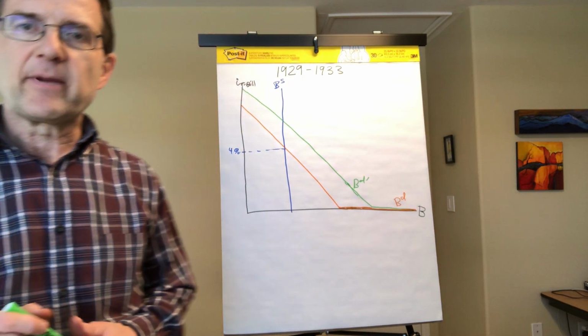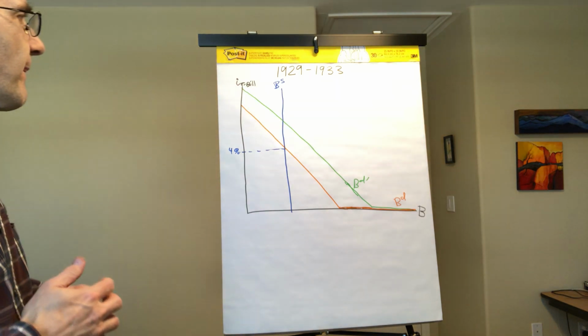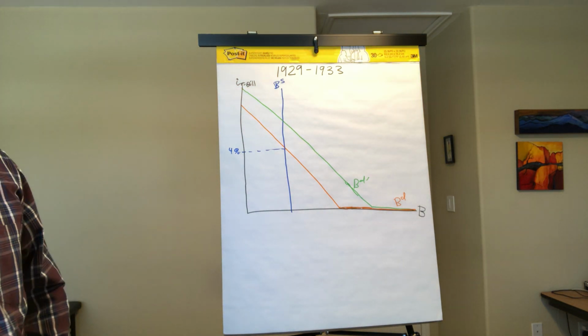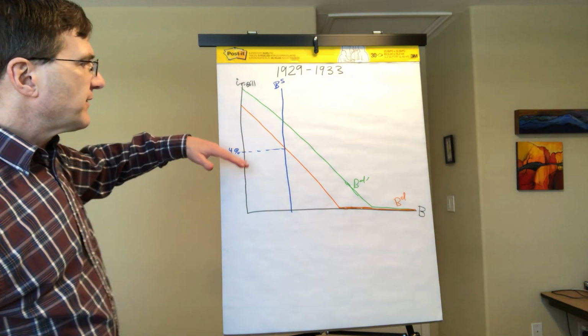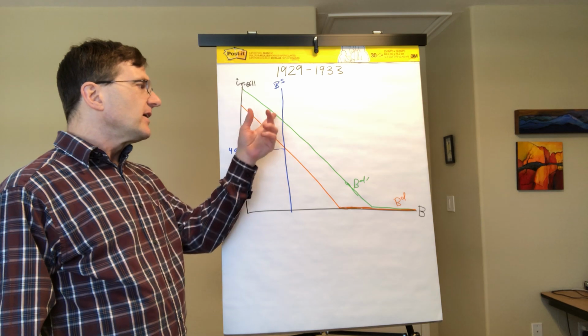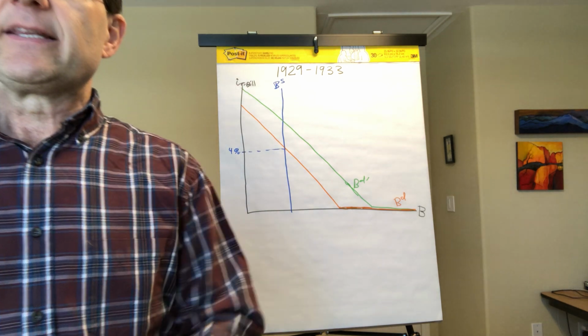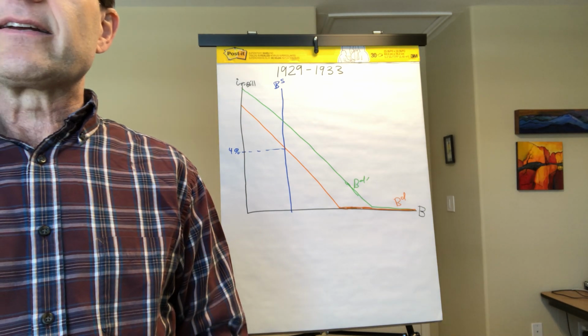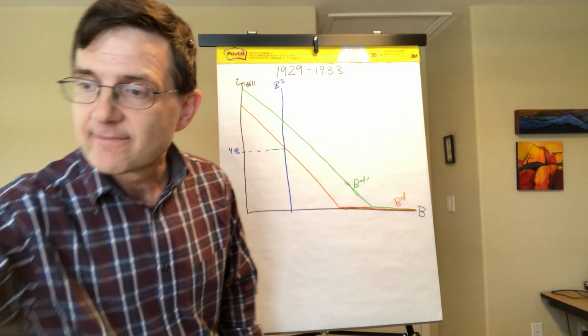Demand for the monetary base prime, which is green. Now if the Fed had done nothing to the supply of the monetary base, the interest rate would have gone up. That by itself would have been obviously contractionary, but that's not what happened.